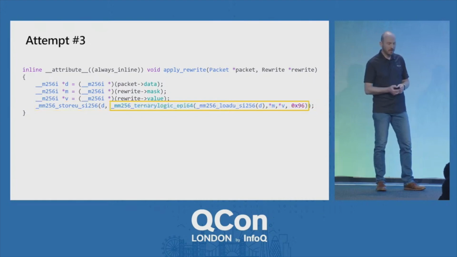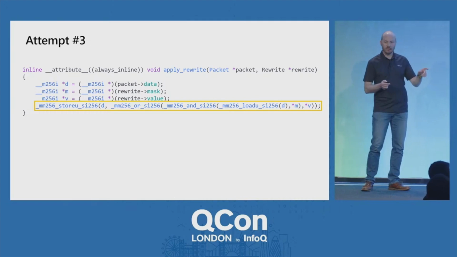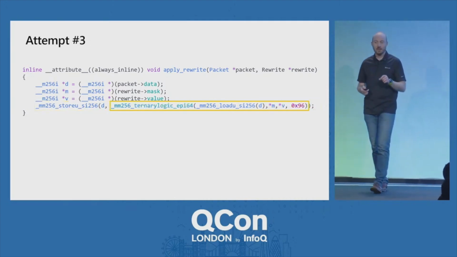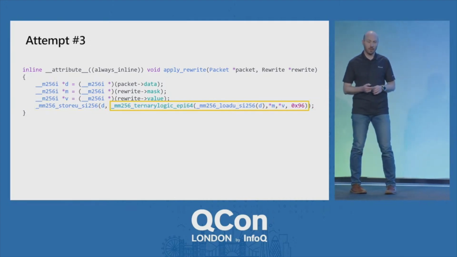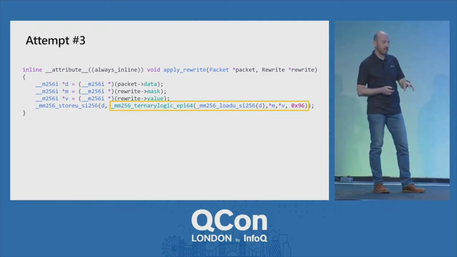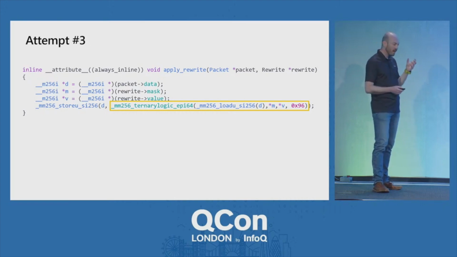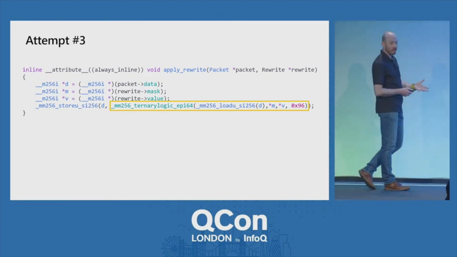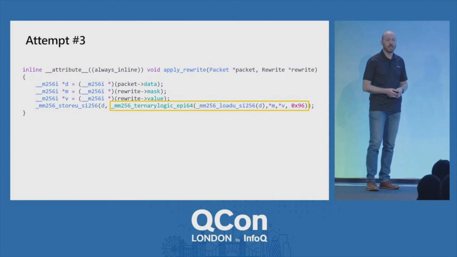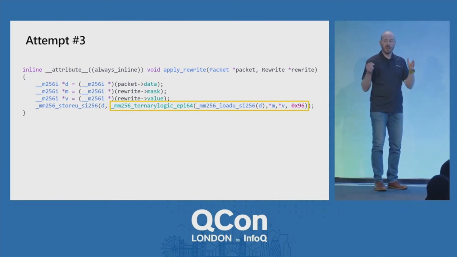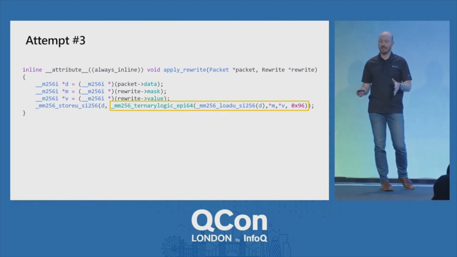Now that was pretty good. That was using AVX2 instructions. We can actually do even slightly better using AVX512. So AVX512 is the next iteration of vector instructions. And they introduce something called ternary logic operations. And a ternary logic operation lets you do binary logic between 3 arguments at the same time.